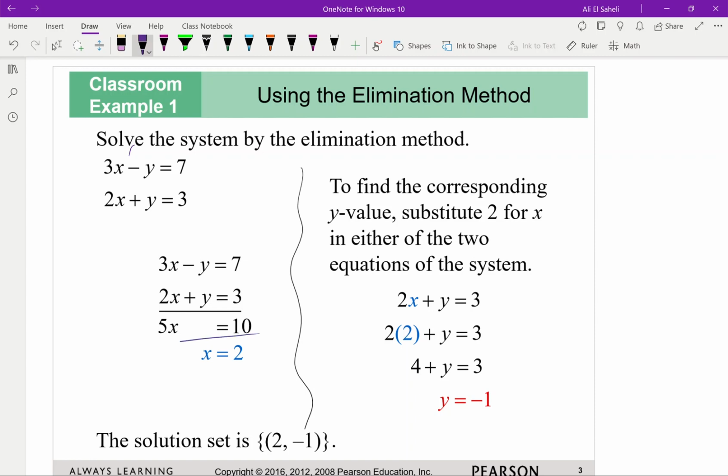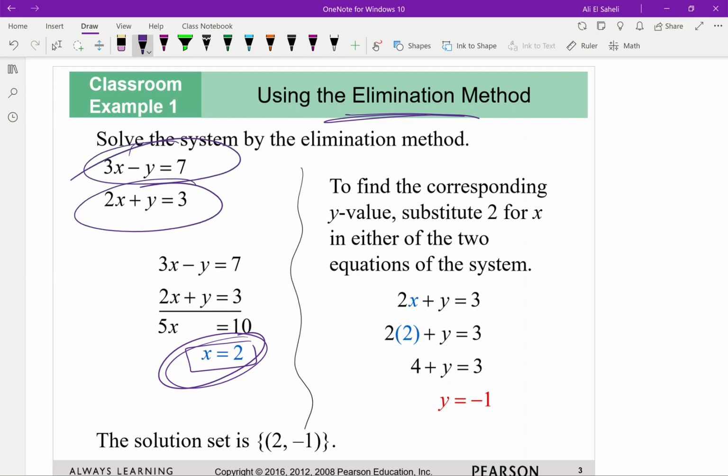So from this equation, y is eliminated. Okay, that's why we call this the elimination method. y is eliminated, and you can easily solve for x. We got x. To get y, you substitute this value of x in this equation or in this equation, doesn't matter.